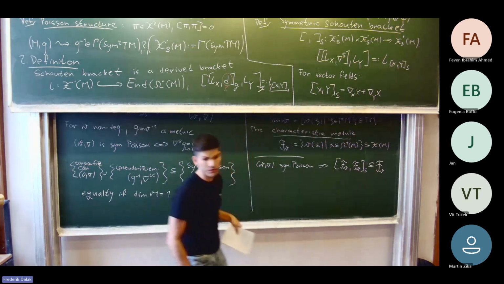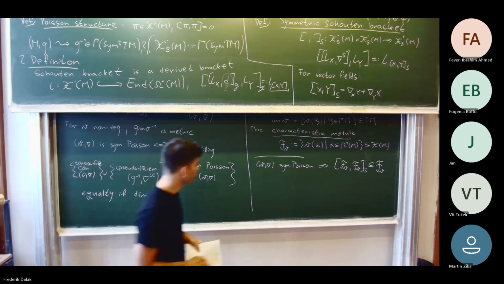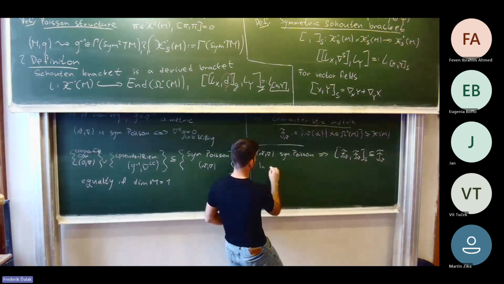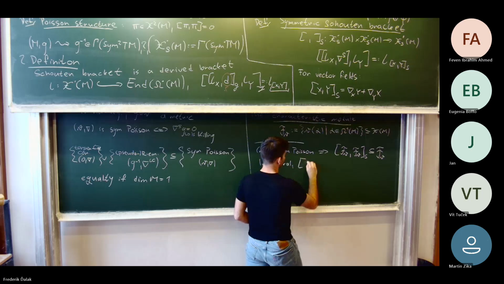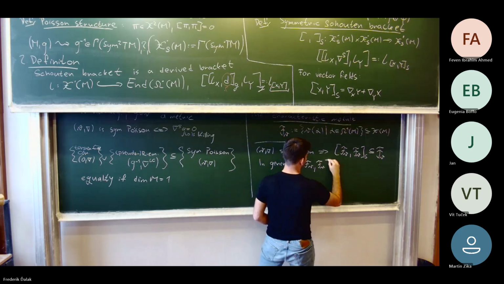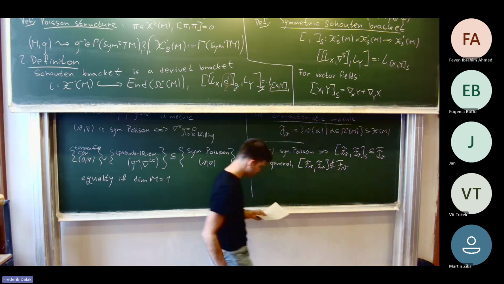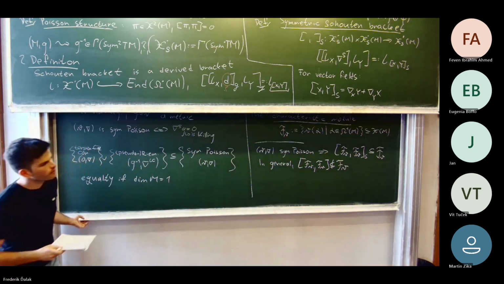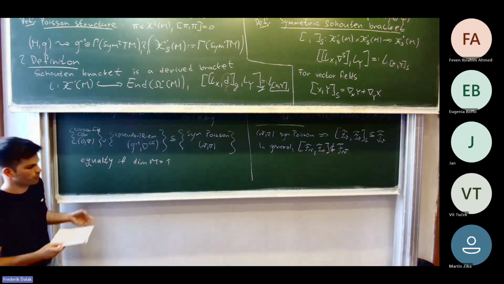This bracket. We will see that this also has a geometric definition. What's important is that in general it's not involutive with respect to the Lie bracket. But we can, under some condition, make it involutive.